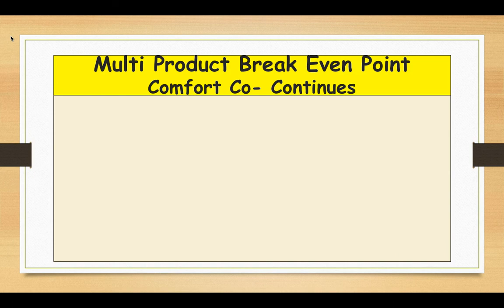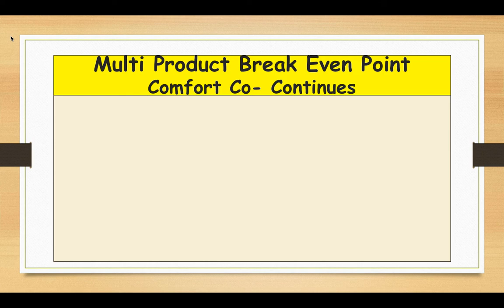Here we are going to see the company wants to make more profit, so they want to sell corner sofas more, because the corner sofas earn the highest contribution to sales ratio. So they are planning to sell more corner sofas and less of the recliner sofas, because the recliner sofas' contribution to sales ratio comes last.